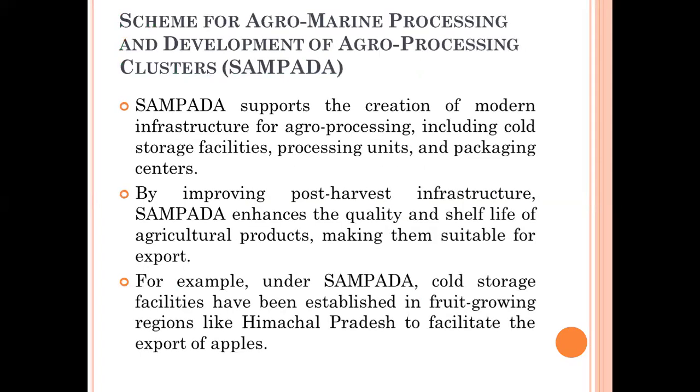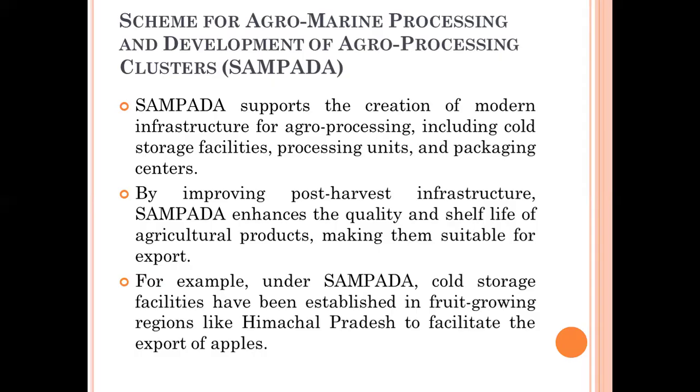So these things also we can go for. After this, specifically for the marine products, we have the scheme called Sampada Yojana. This scheme provides us cold storage facilities, so that whatever we are producing can be stored. We can export it when we don't have demand in India.